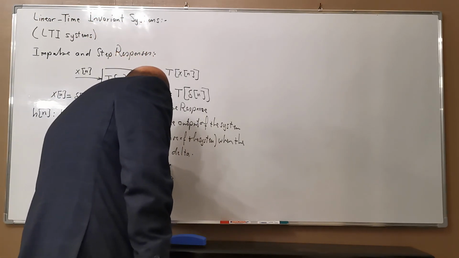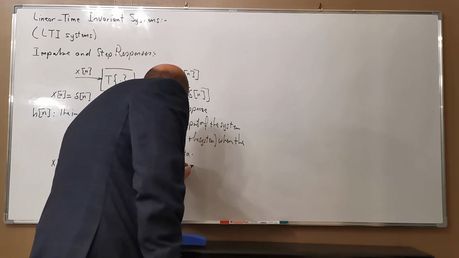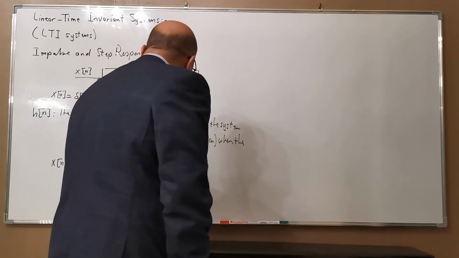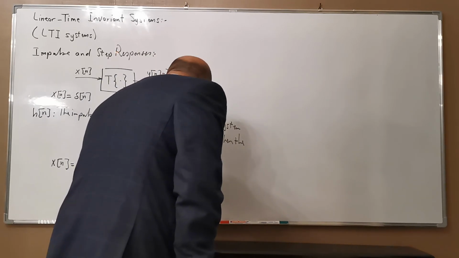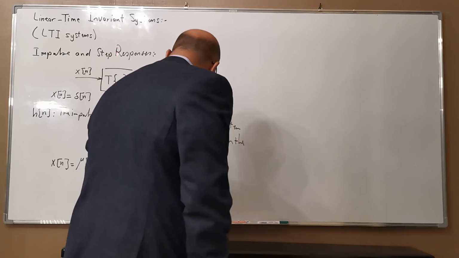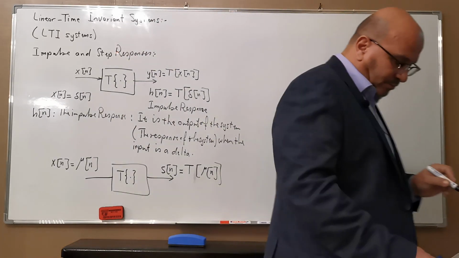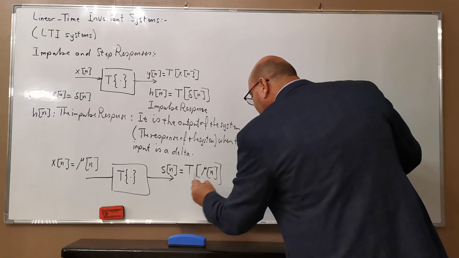It's called S of n, the step response, which is equal to the transformation of mu of n.